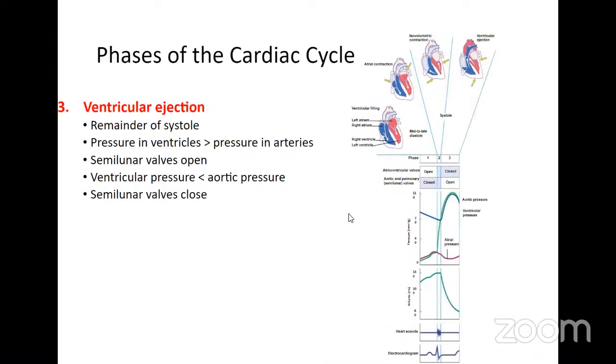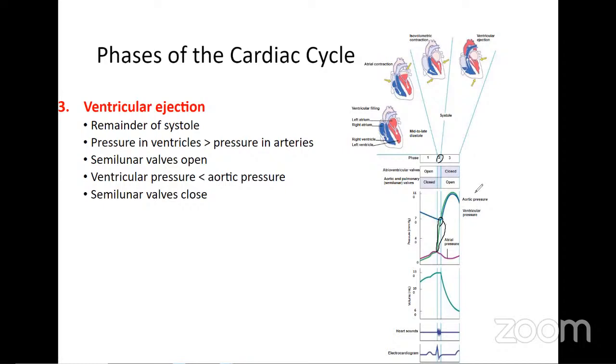Now, valves open when there's high pressure pushing on them in the right direction. The reason that isovolumetric contraction phase was so short is that as this pressure starts to spike, it very quickly overcomes the existing pressure in the aorta.